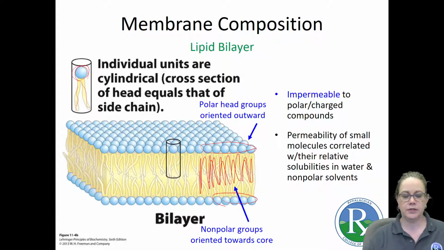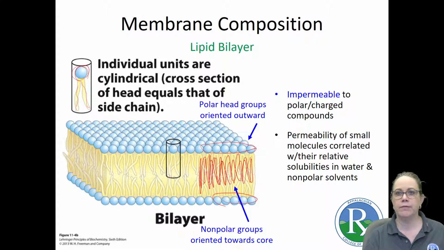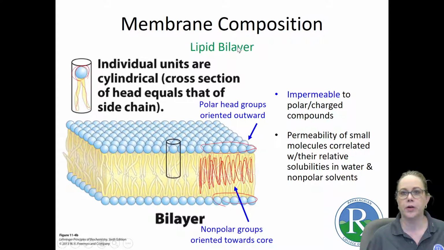Since a larger portion is the nonpolar region of the bilayer, it's going to be impermeable to polar or charged compounds. It'll be very difficult for them to get through, or you can think of it as the net flux will be very, very small. And we'll see that the permeability of small molecules is correlated with their relative solubility, both in water and nonpolar solvents.